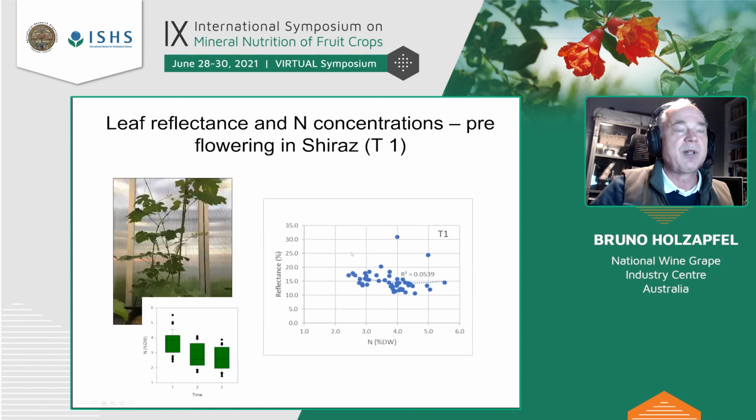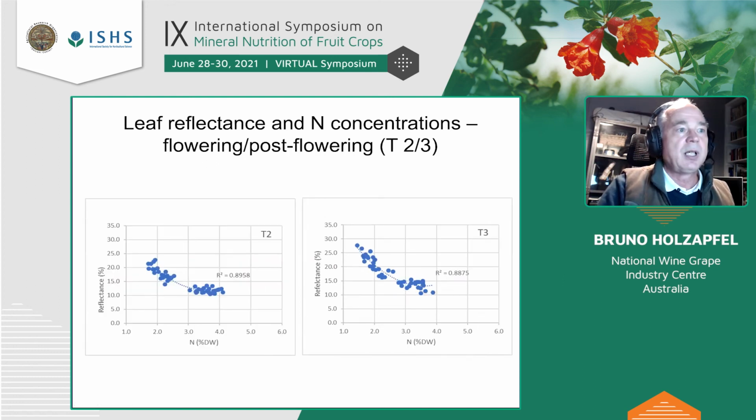There was a lot of variation there in the measurement, and that was mostly due to position 1. Then at the other times, at flowering and after flowering, we got, again, very good relationships between reflectance and the actual measurements with a nitrogen analyzer.